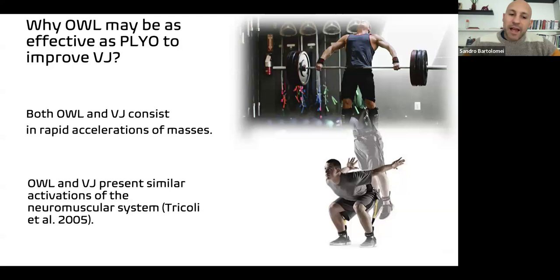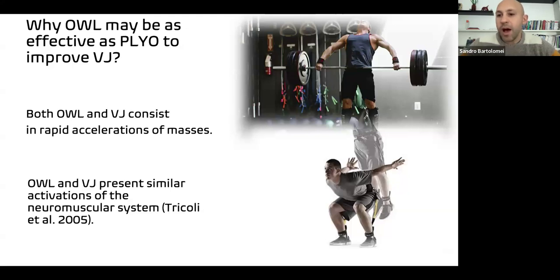Olympic weightlifting exercises and vertical jump present similar activation of the neuromuscular system, because the recruitment of fibers may be similar, and the kind of muscle contraction of the lower body during Olympic weightlifting is considered ballistic, so it's comparable to a jump.